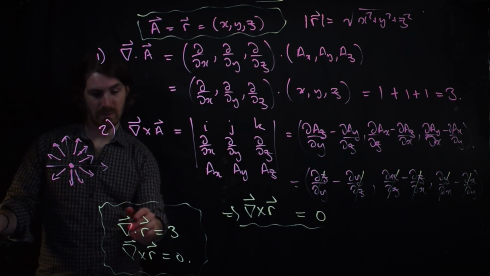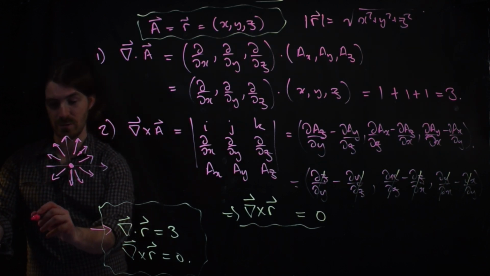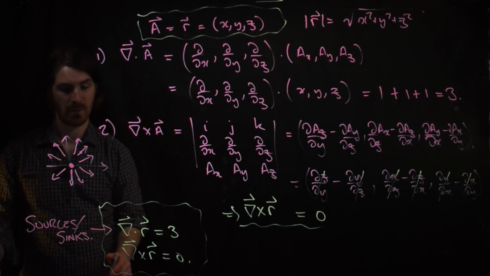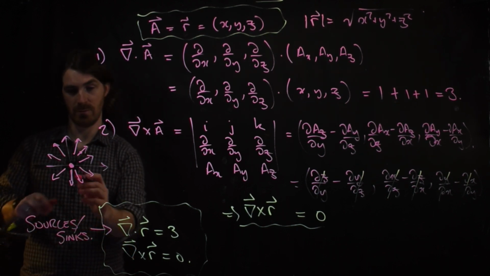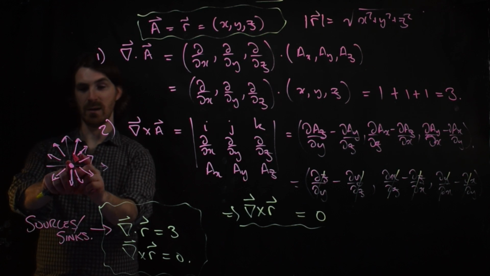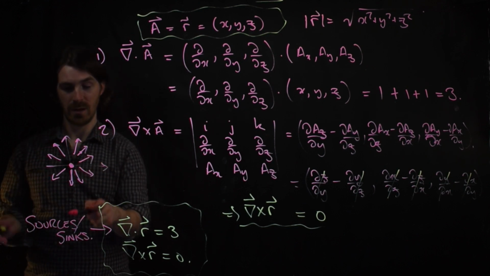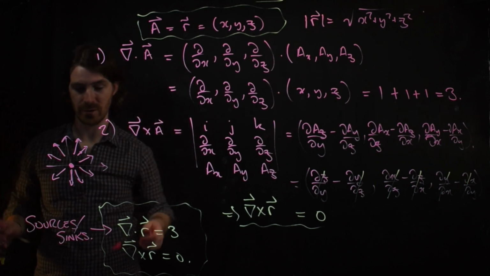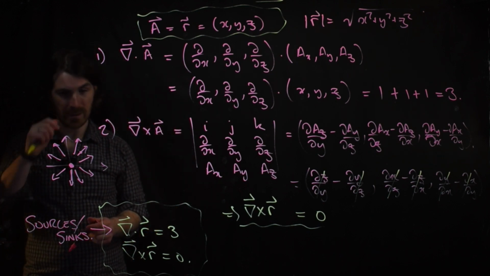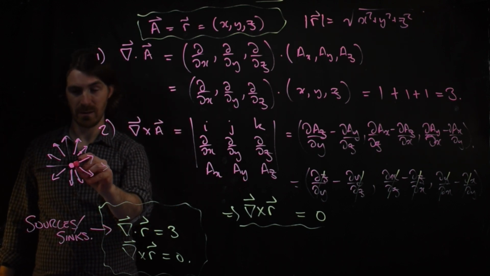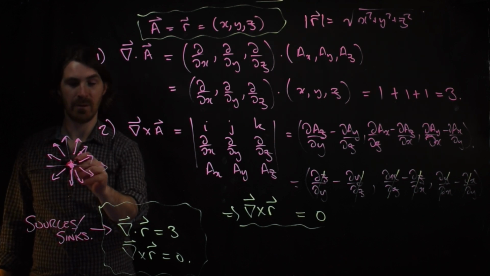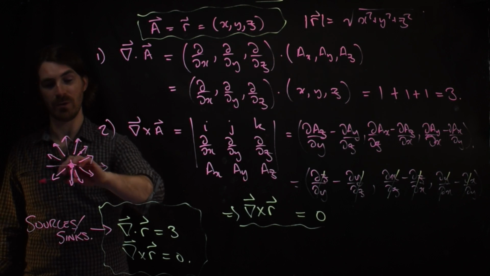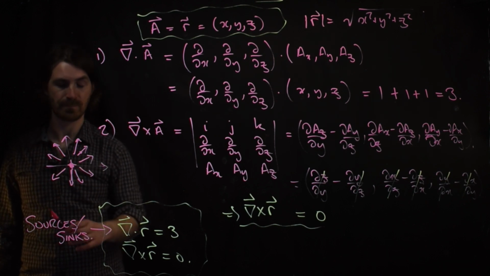So divergence tells you about sources or sinks. If the divergence is positive, then you've got a source, so the arrows move away from the origin. If you've got a sink, then the arrows are reversed and things are going towards the origin. Just like the electric charge case, if we put a positive charge here, the electric field lines go radially outwards from the origin.